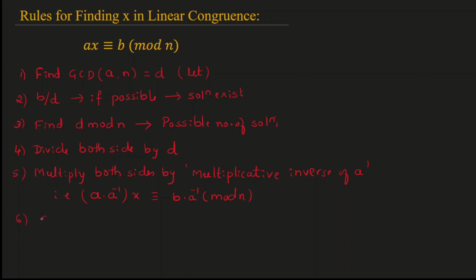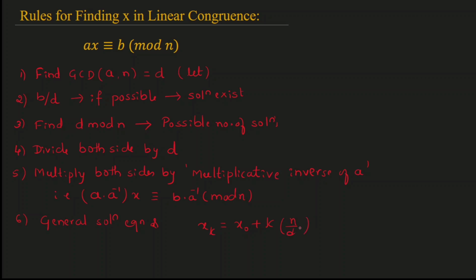After that, we need to find the general solution equation as xk equal to x naught plus k into n divided by d.